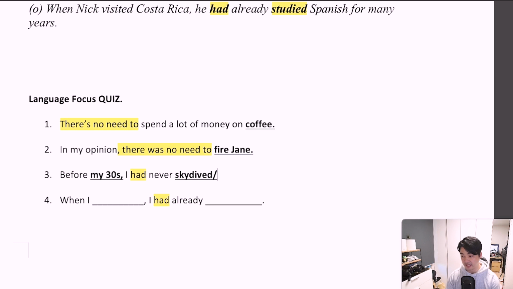This is just an example. 30대 이전에는 저는 한 번도 스카이다이빙을 해본 적이 없었어요. And when I was 18, I had already started living by myself. 제가 18살 때 저는 이미 혼자 살기 시작했어요.